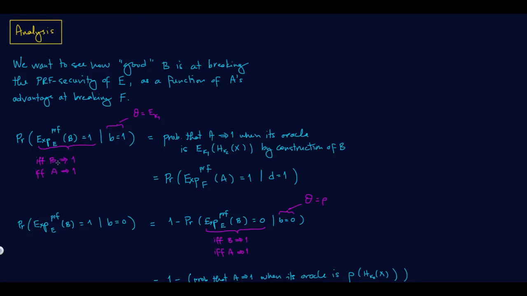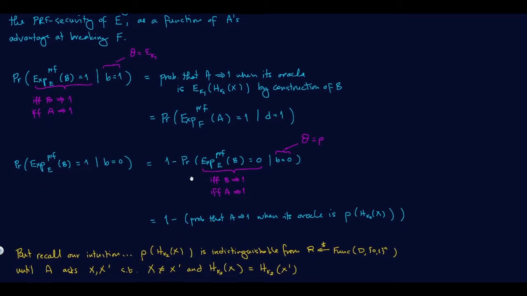B outputs 1 by our construction if and only if A outputs 1. So whatever this probability is, it's the probability that A outputs 1 when its oracle is the construction, right? Because that's what we get when our oracle is this. Well, that's nothing more than the probability that A wins the PRF experiment against F when its challenge bit D is 1. Because when its bit D is 1, its oracle is this. So these two probabilities are the same. That's the easy part.